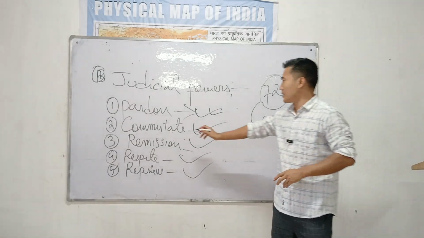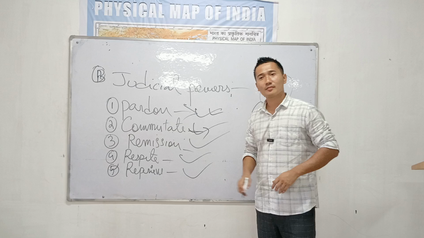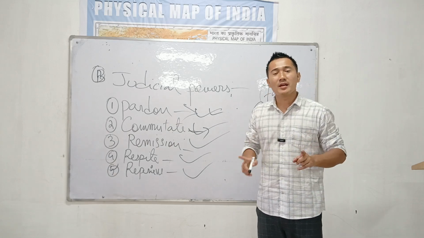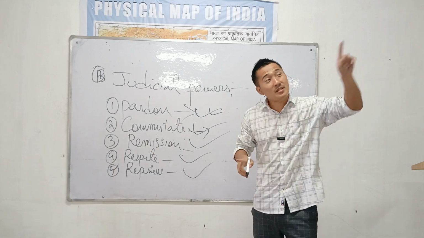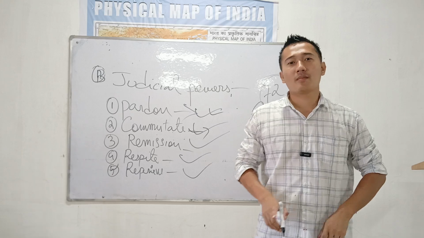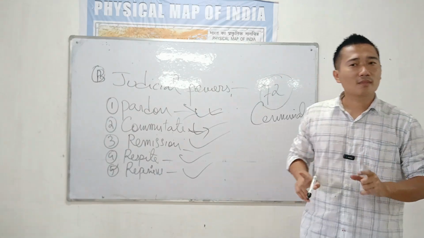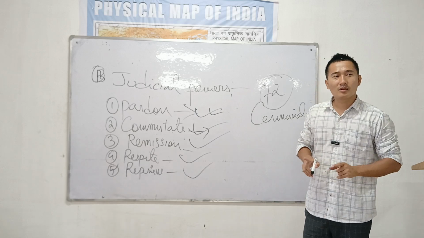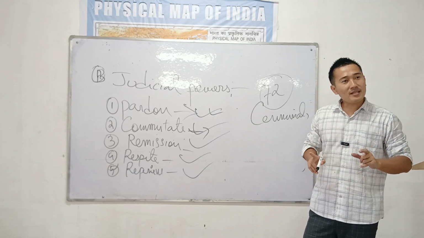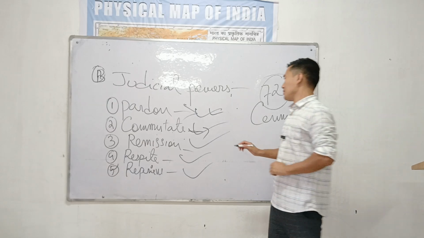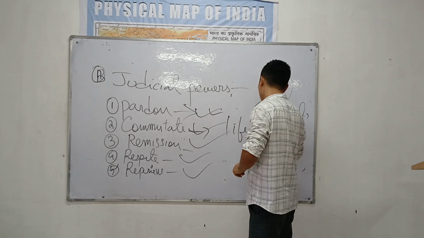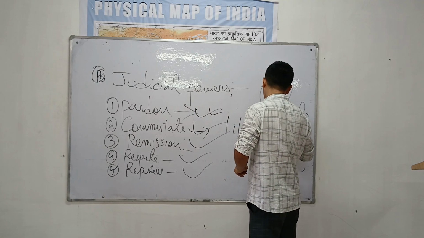Next is commutation. Commutation means, suppose you're going to be hanged. The Supreme Court has declared that Mr. A is going to be hanged tomorrow. But the President said, no, do not hang. Just replace the death sentence with life imprisonment.